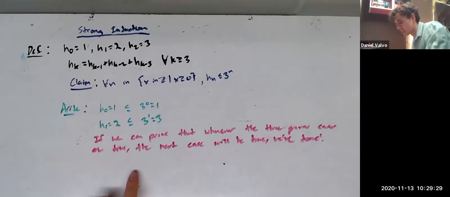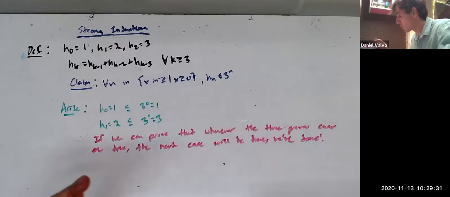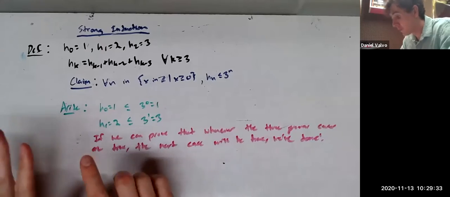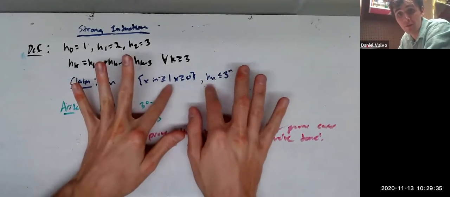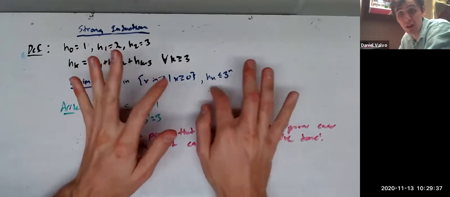So by strong induction, if we can prove that whenever the three previous cases follow this claim, that H of n is less than or equal to 3 to the n, then the next case follows as well.